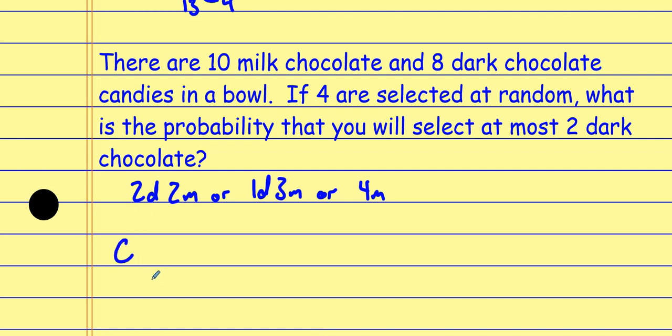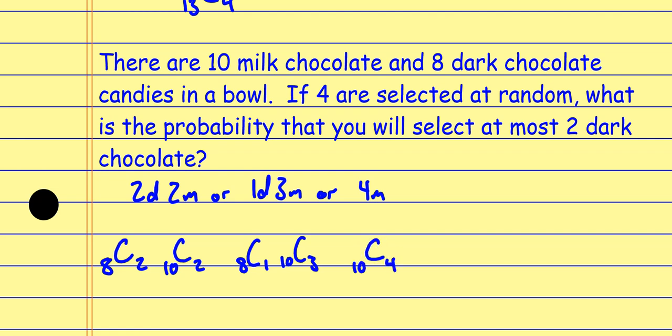To get 2 dark chocolates, well, there's 8 of those, so it's 8 choose 2. The number of ways I can get 2 milk chocolates would be 10 choose 2. 1 dark chocolate would be 8 choose 1. 3 milk chocolates would be 10 choose 3. I'm getting ahead of myself. And then here, that would be 10 choose 4.